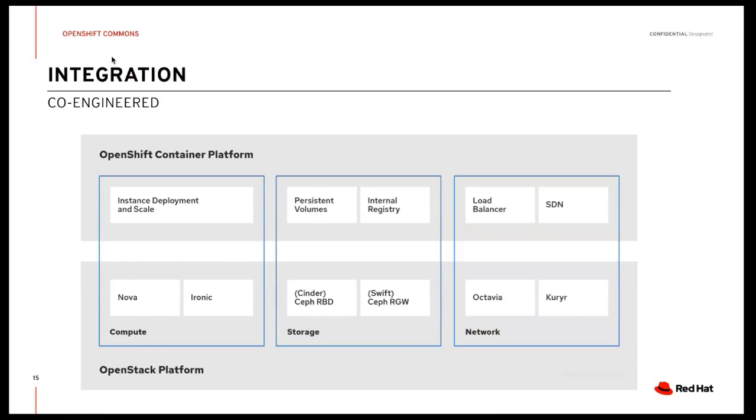Last is the network. Octavia is load balancer as a service. It works kind of as a VNF. This is a little different than what you get in a public cloud, where the ingress rules are programmed directly into their traffic flows. With Octavia, when you expose a route, a VNF, or a virtual machine running HAProxy, is actually created that fronts the pods that are being load balanced across.